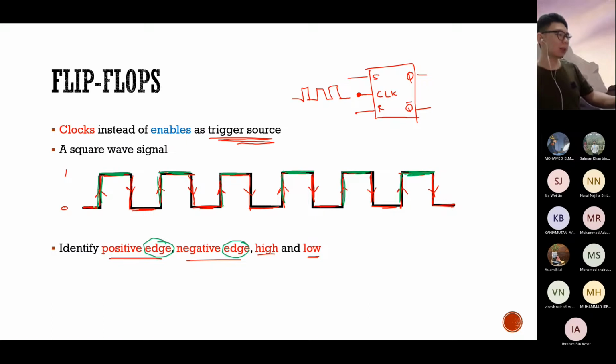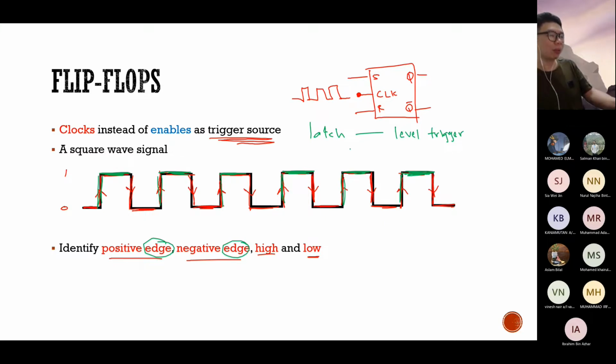This is what we call a trigger source. For latches, the trigger source is what we call level trigger, which means that the trigger is at the level, either level 0 or level 1.